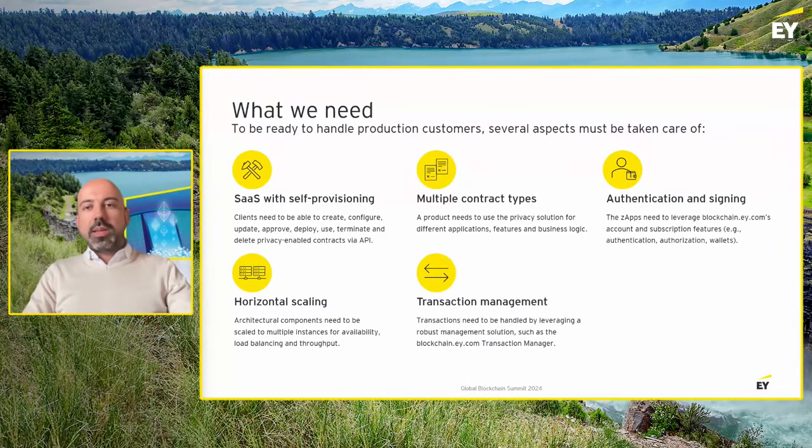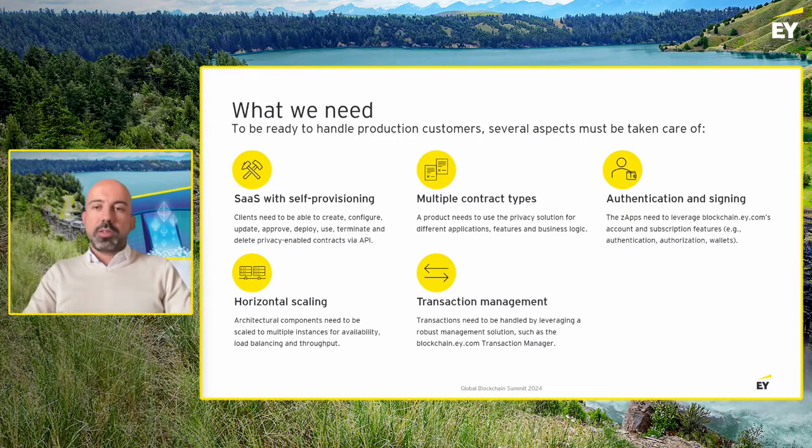But what do we need to do to make this happen? Okay, so first of all, we want to do a software as a service, so something that clients can subscribe to. And we want to do it with self-provisioning so that there's no development involvement, no other intermediaries. Users are just going to go there, create their contracts.